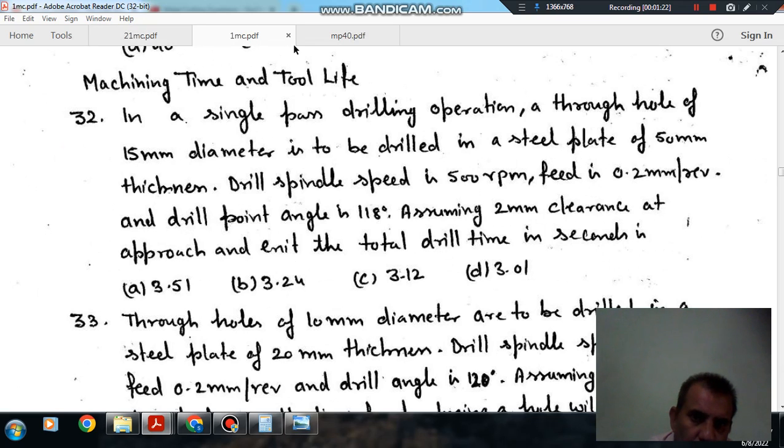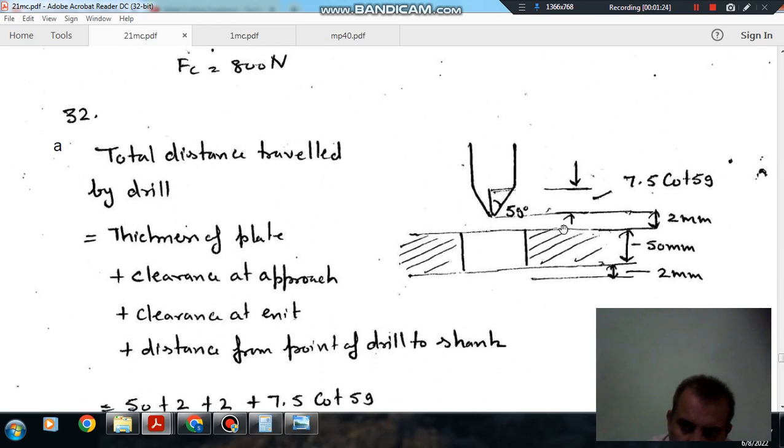The drill has to travel this distance, plus the approach clearance, plus the exit clearance, and to make the hole completely, the drill also has to travel the distance of the point of the drill to the shank.